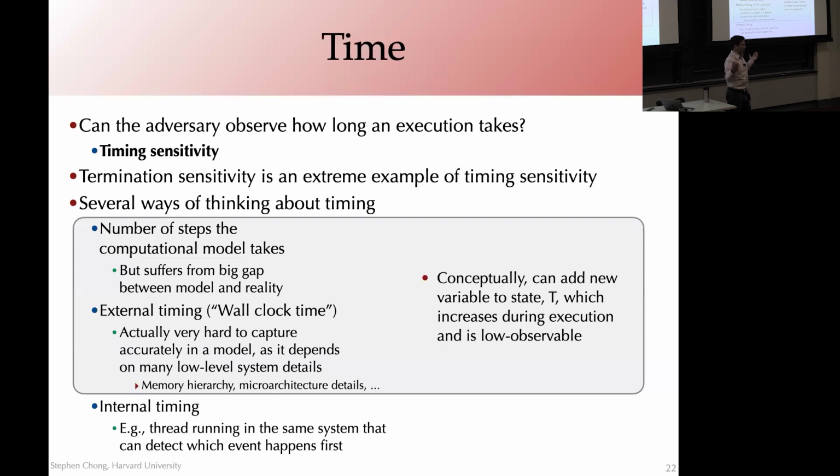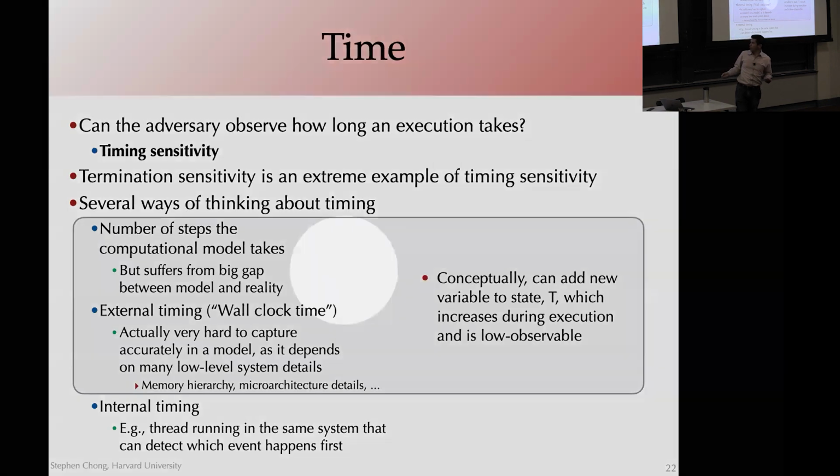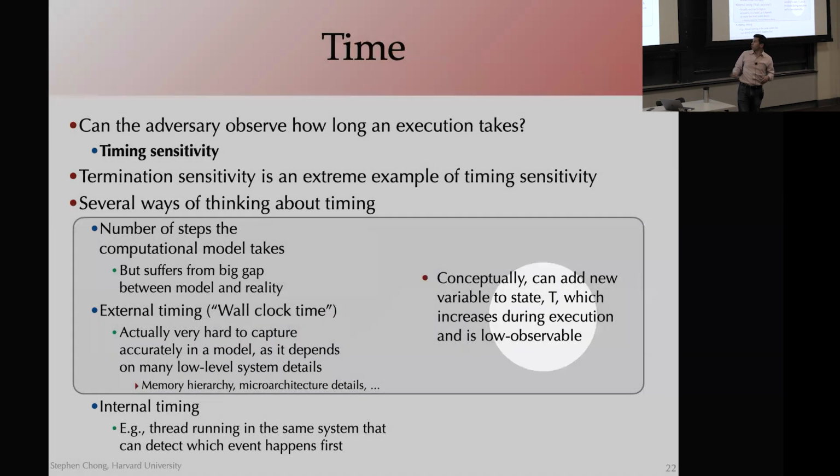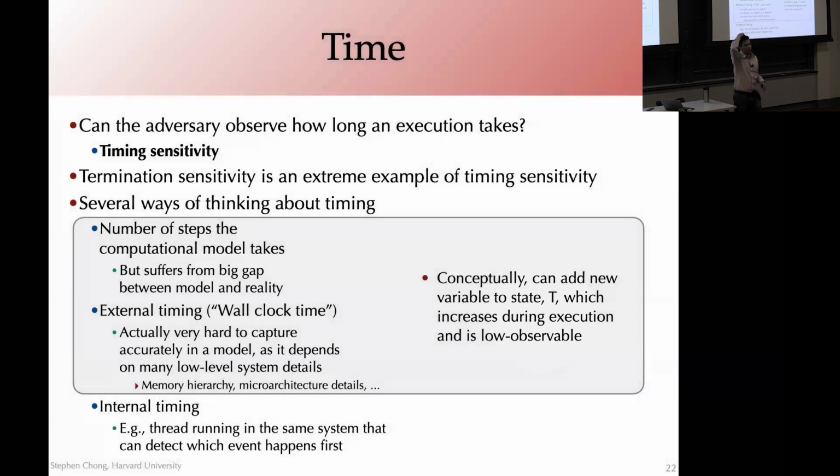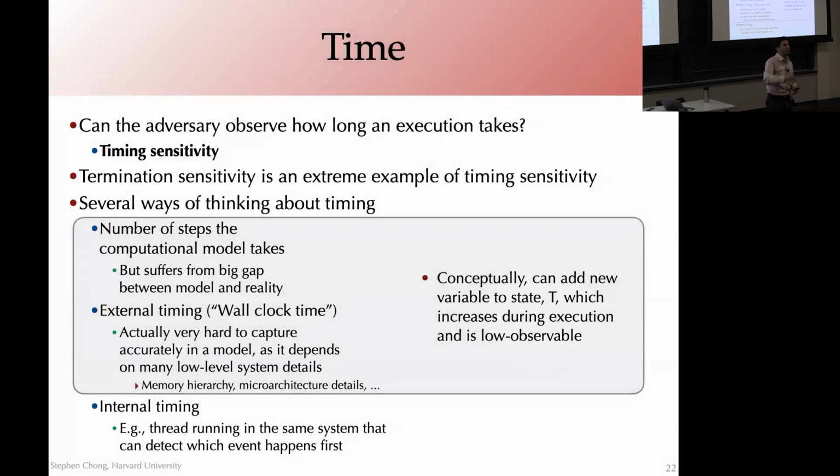Maybe we have as realistic a model as we can make for wall clock time, where it increases during execution based on whatever our model says. Maybe this is trying to approximate the actual number of seconds elapsed. Maybe it's counting the number of register accesses and main memory accesses, or using more accurate models of cache, and so on.